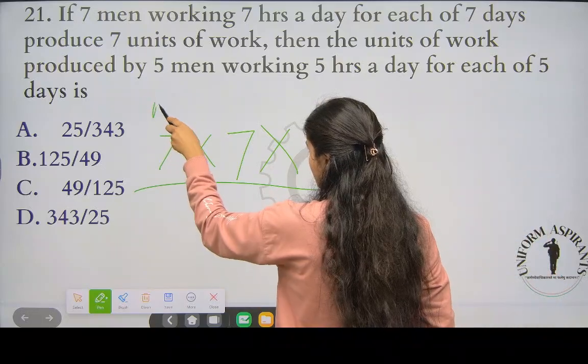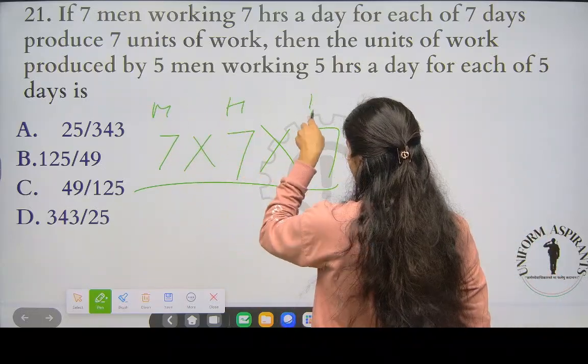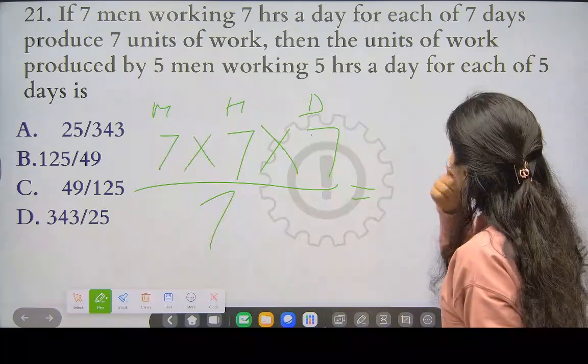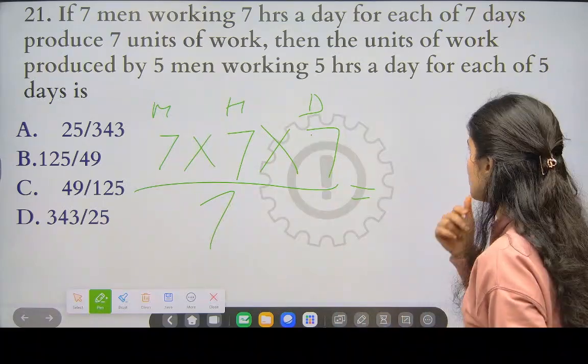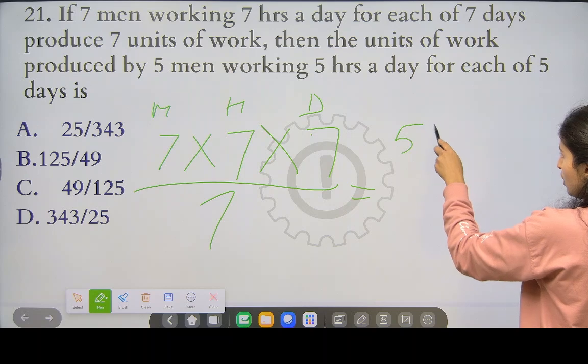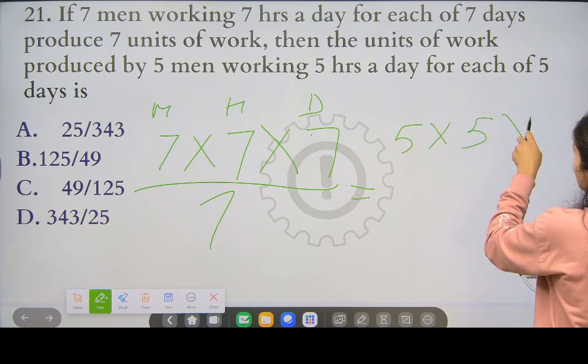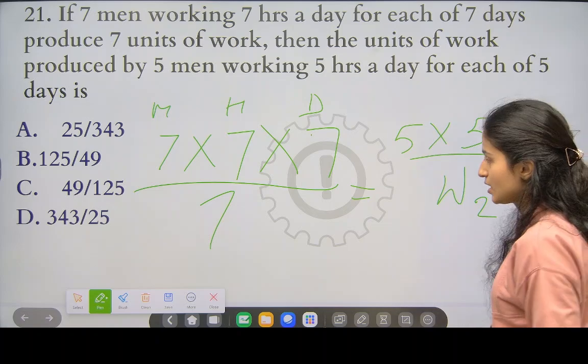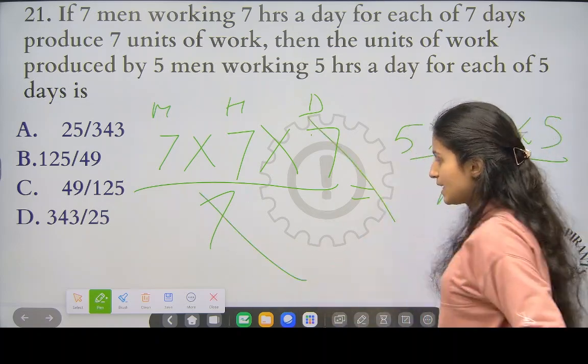This is men, this is hours, this is days, and 7 down is work. No problem. Then the units of work produced by 5 men working 5 hours for 5 days, here W2 we have to find. Yes, 7 and 7 get cancelled.